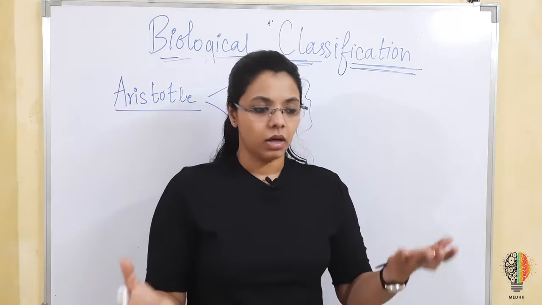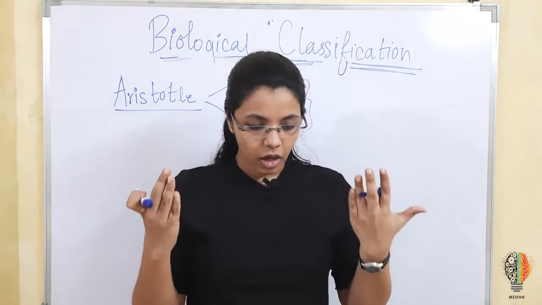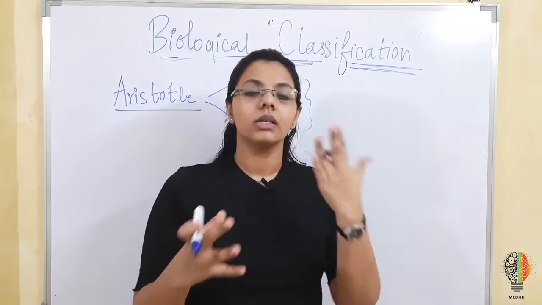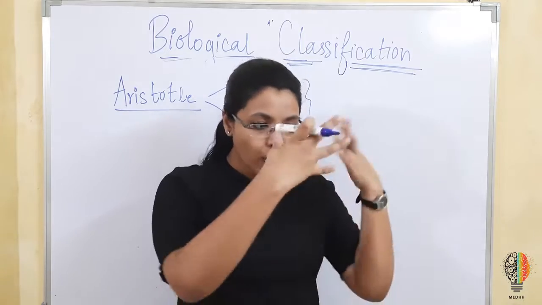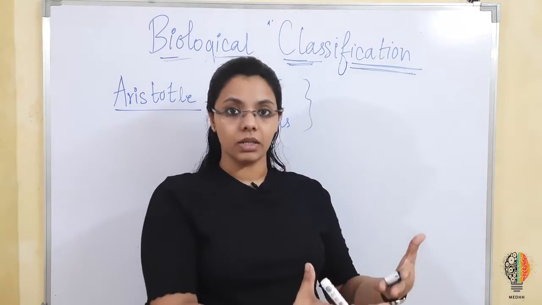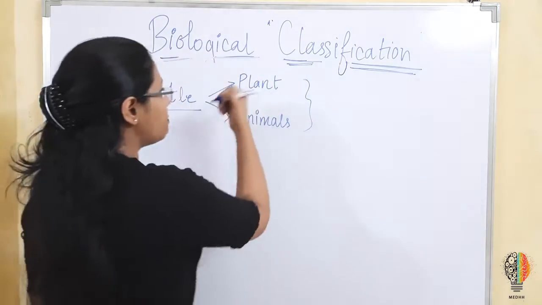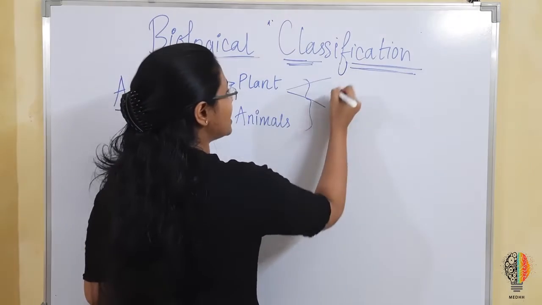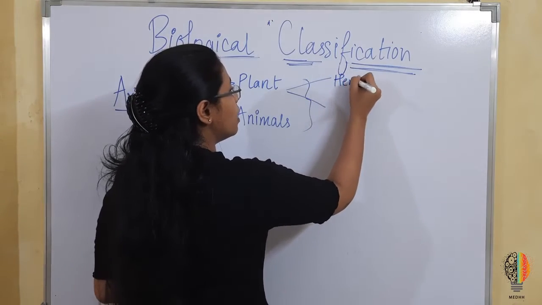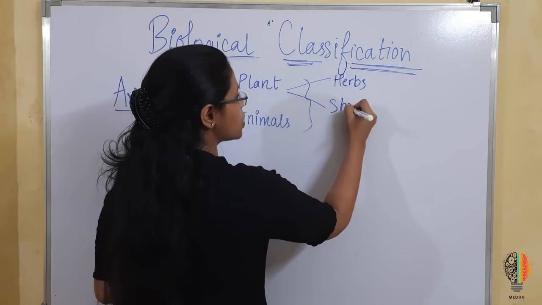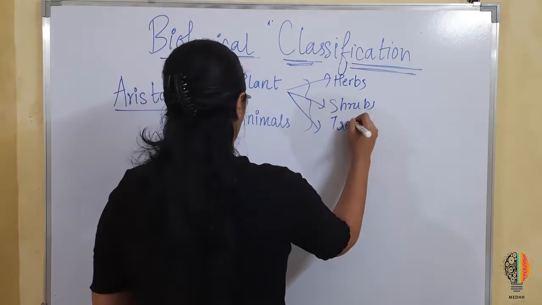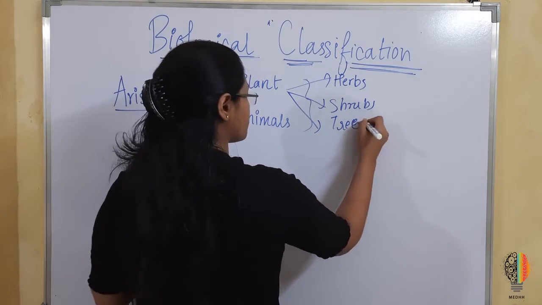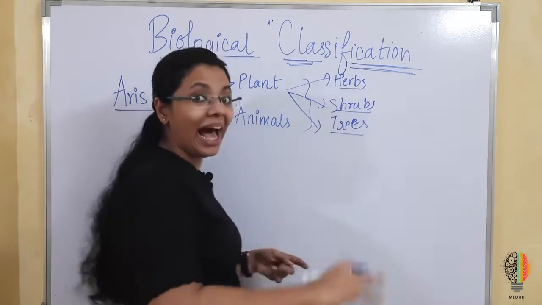The basis of that classification was morphology, how it looked, what the appearance was. For example, in plants he categorized herbs, shrubs and trees, based on their height.